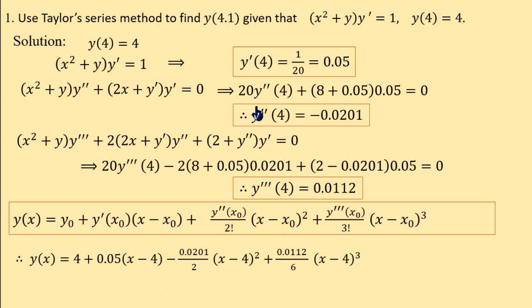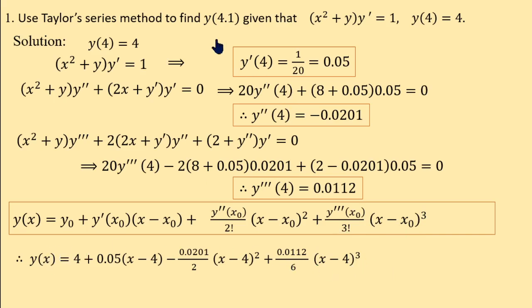Because y double dash is minus 0.0201, therefore minus 0.0201 divided by 2 factorial, 2 factorial is 2, into (x minus 4) whole square, plus y triple dash is 0.0112 divided by 3 factorial, that is 6, into (x minus 4) whole cube.